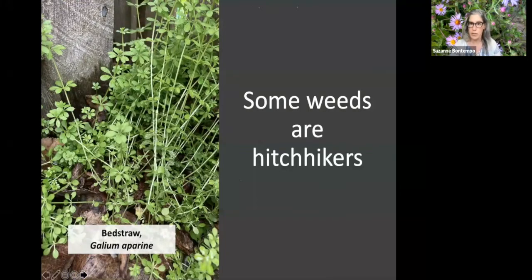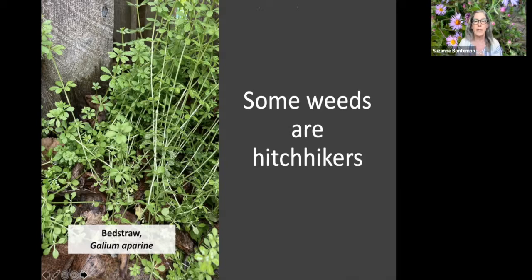And then some weeds are just hitchhikers. So we might notice that when we're on a hike, especially in the summer months, we'll be walking on a trail, and the seed pods of many weeds are like Velcro, and they'll stick to our shoelaces or socks or pant legs. Even our pets can bring weeds in when they hitchhike on their fur.